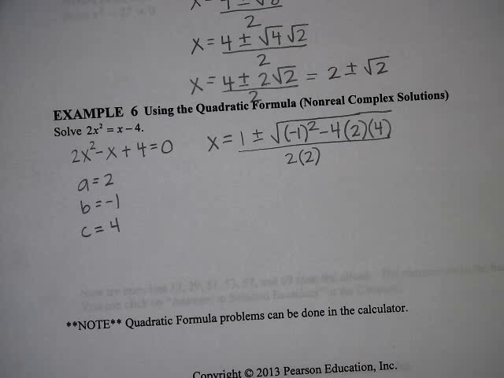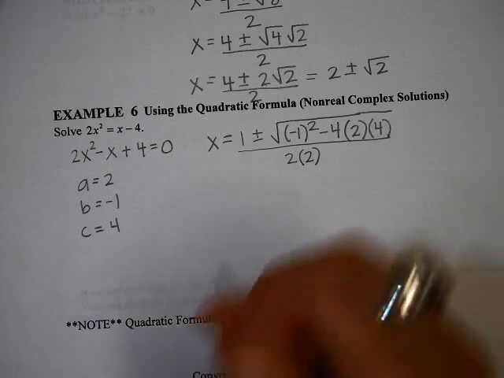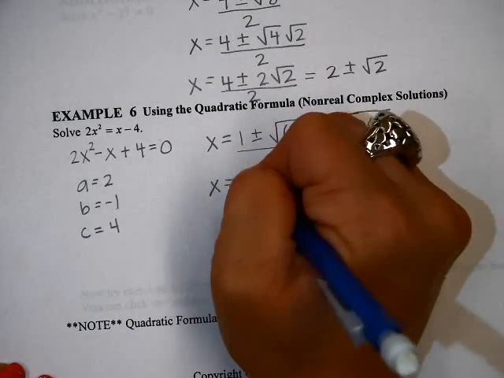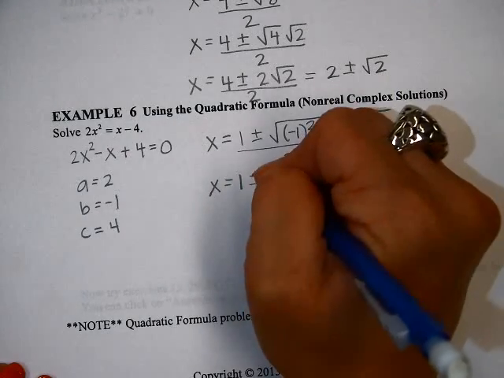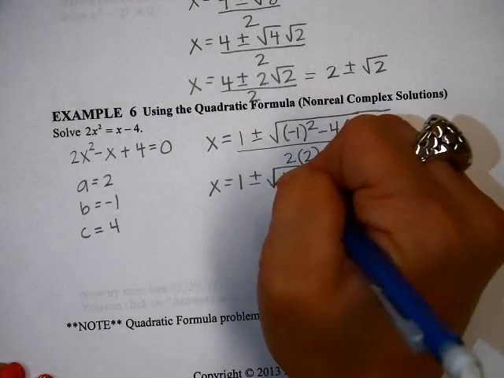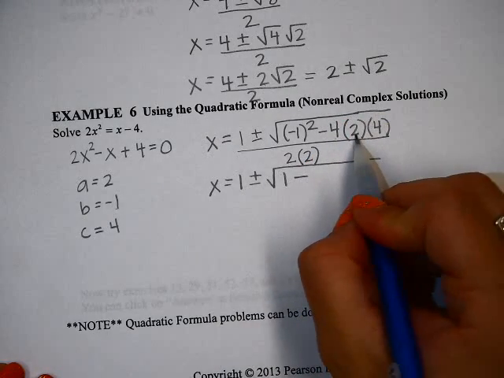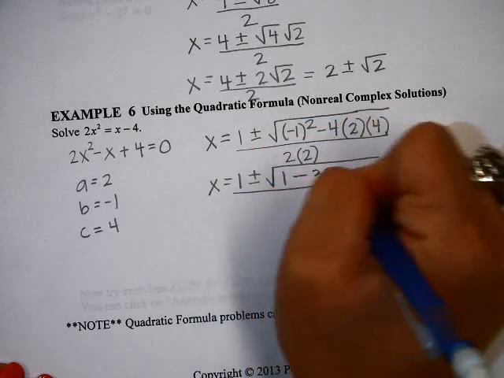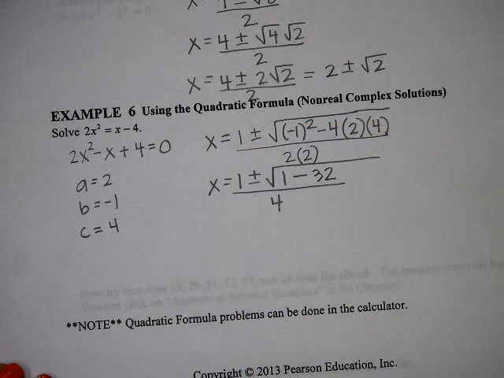And then again, once you plug in those a, b, and c values, then you simplify from there. So we have 1 plus or minus the square root, -1 squared is 1, minus 4 times 2 is 8, times 4 is 32, divided by 4.